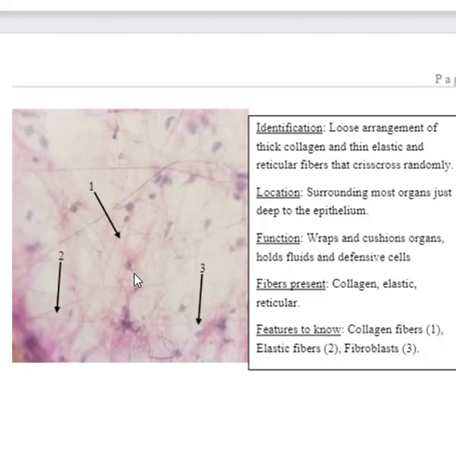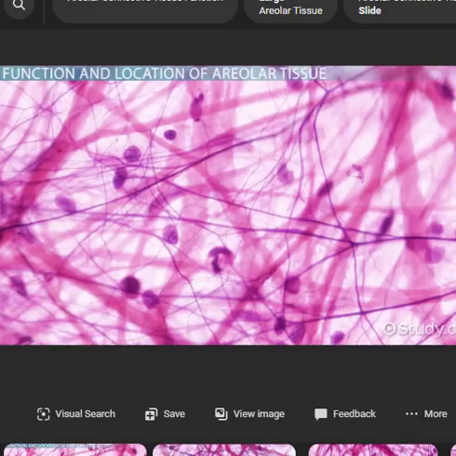So here's a picture of areolar connective tissue. And if you notice, you see little threads, and then you see little dark specks in here. So let's see if we can find a picture that's a little bit darker than this one. So here's a picture with a little bit more dye on it, so you can see the fibers and the various odds and ends in it a little bit more easily.